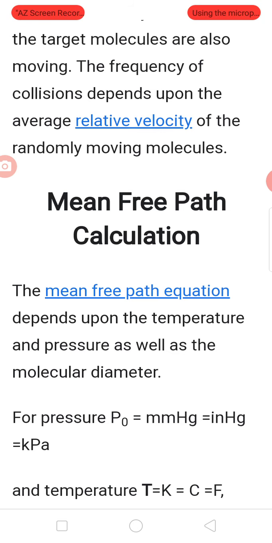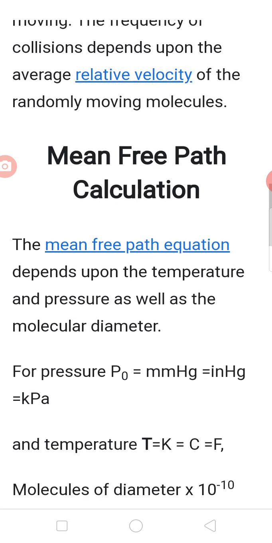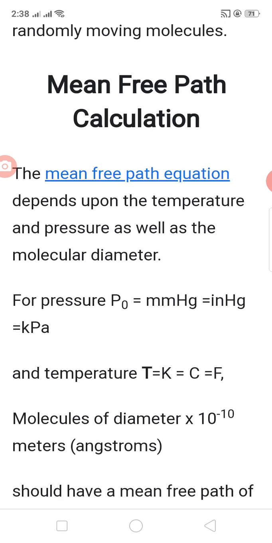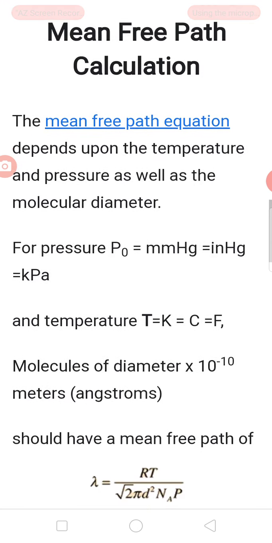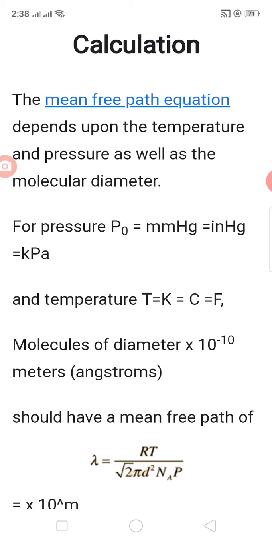Temperature capital T will be taken in Kelvin, centigrade or Fahrenheit scale. The diameter is multiplied by 10 power minus 10 meter to convert it into angstrom.